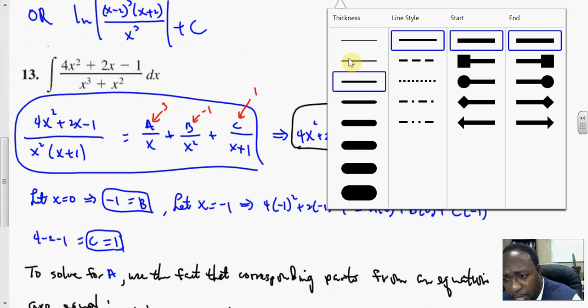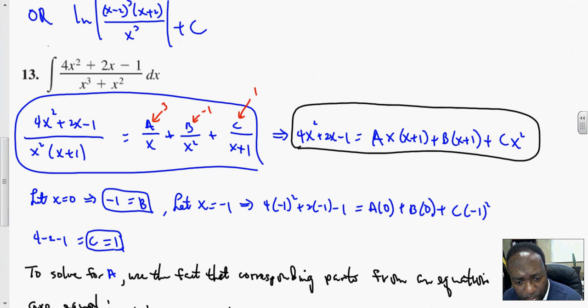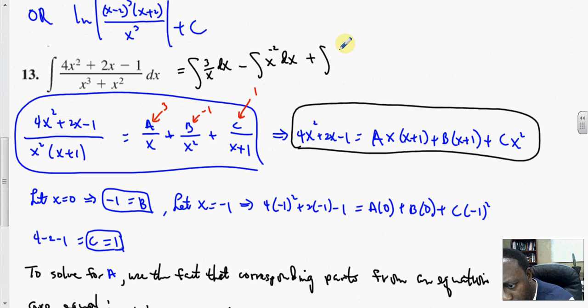This is the integral: the a is 3 over x dx. The b is negative 1, so this is minus the integral of 1 over x squared, which is x to the negative 2 dx. Then the c was 1, so plus the integral of 1 over x plus 1 dx.